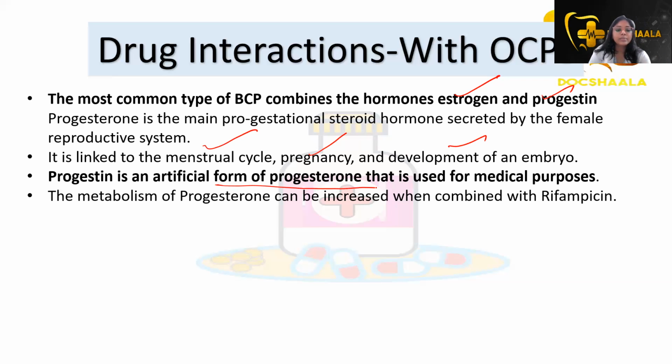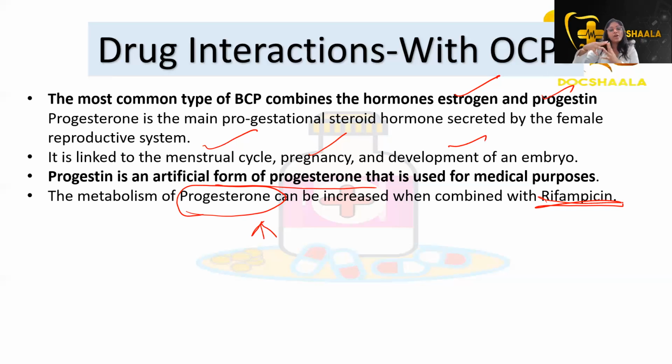The metabolism of progesterone can be increased. This is the main point to keep in mind: when we give rifampicin in females, the progesterone metabolism increases.